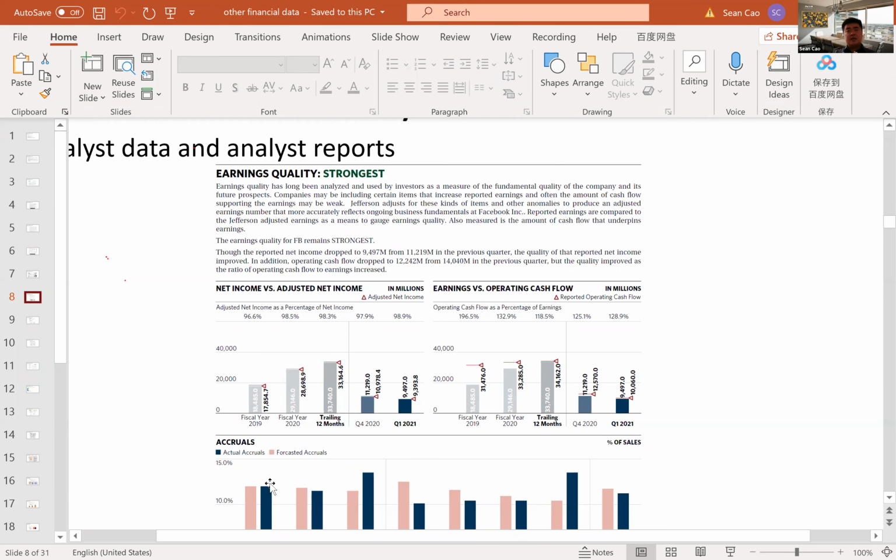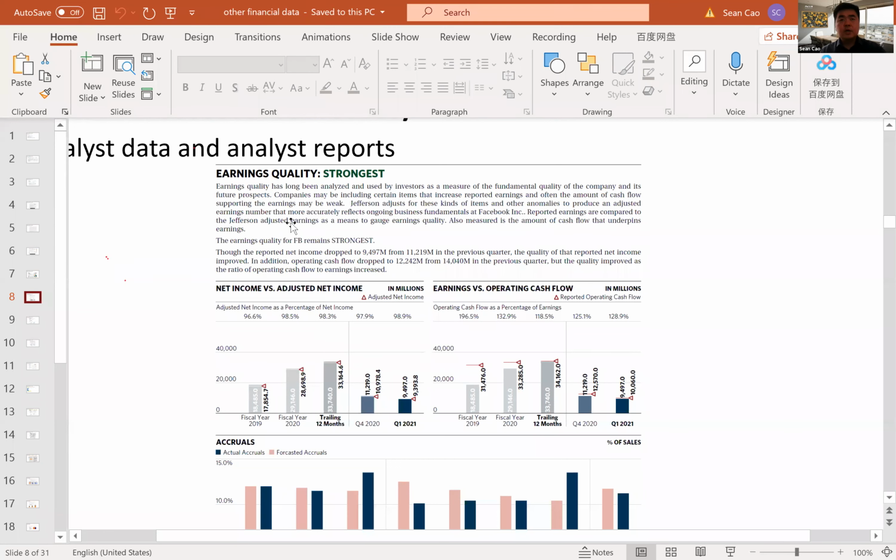So you can see that our approach, our data analytics in the class, is very similar to what Jefferson Research is doing. They analyze earnings quality; we analyze the income statement. They analyze the balance sheet; we analyze the balance sheet as well. They analyze net income versus adjusted net income; we analyze primary income versus income from the side business. And we also talk about the persistence of sales contracts.